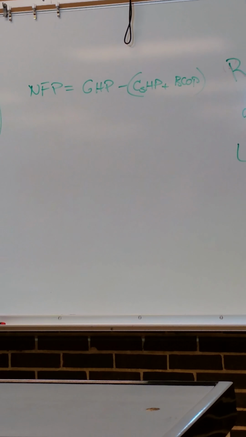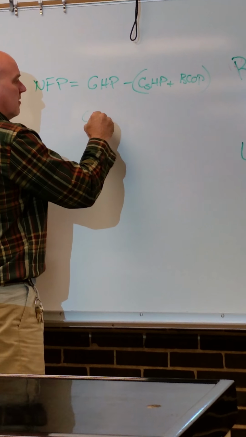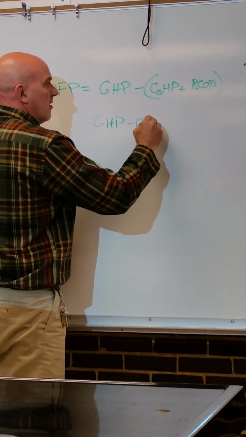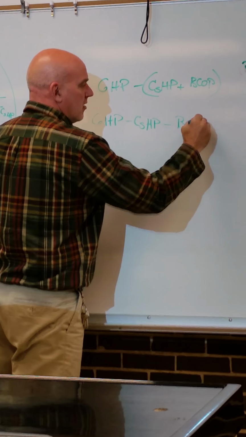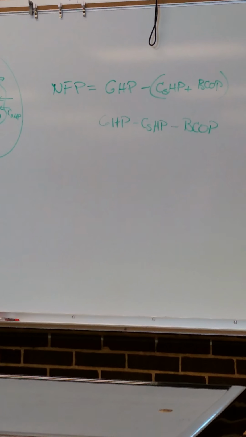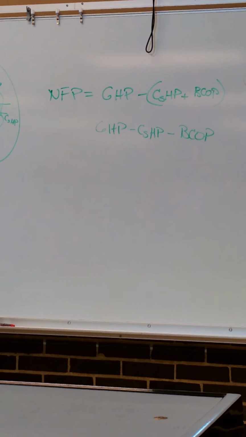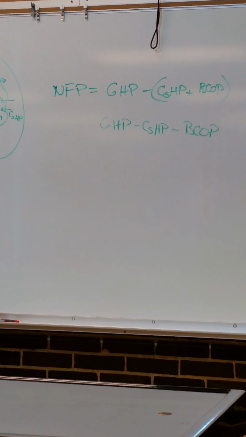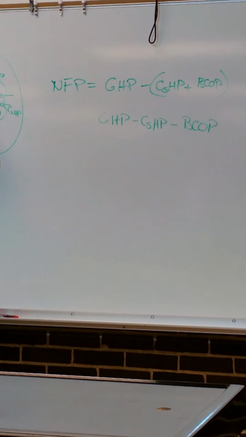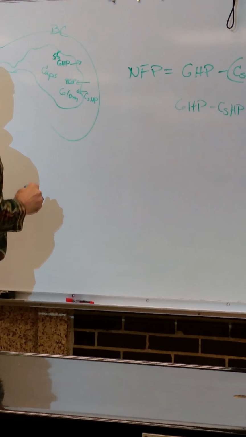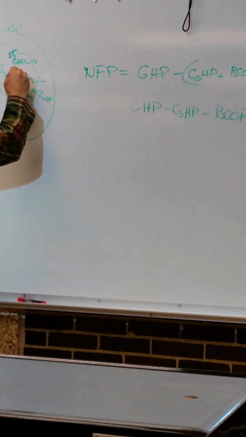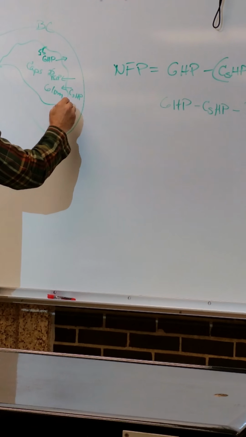Yeah, I could just write it like this. It's the same thing. Those two are equivalent. Now I'll prove it to you. Let's say this is 55. Let's say this is 25. And let's say this is 10.